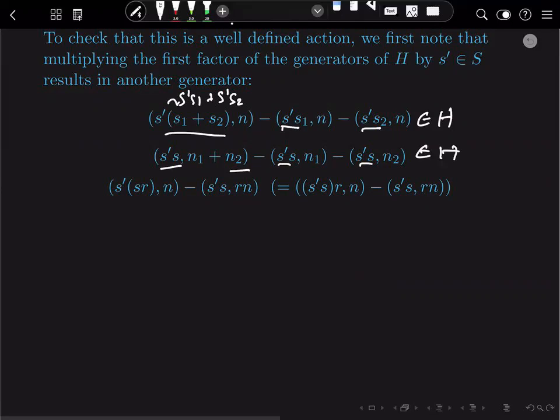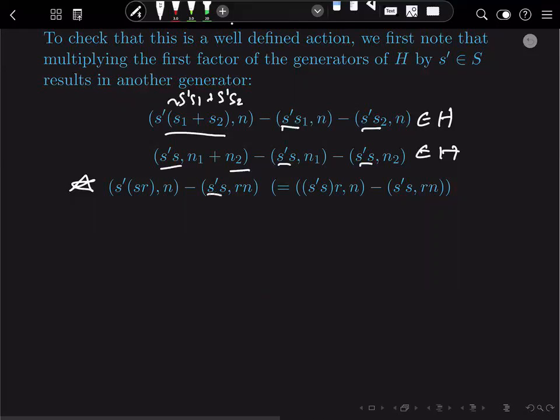And then here, this is one of the most important pieces. When we multiply S prime times S comma R, SR comma N, minus S prime S comma RN. So this is obviously fine.